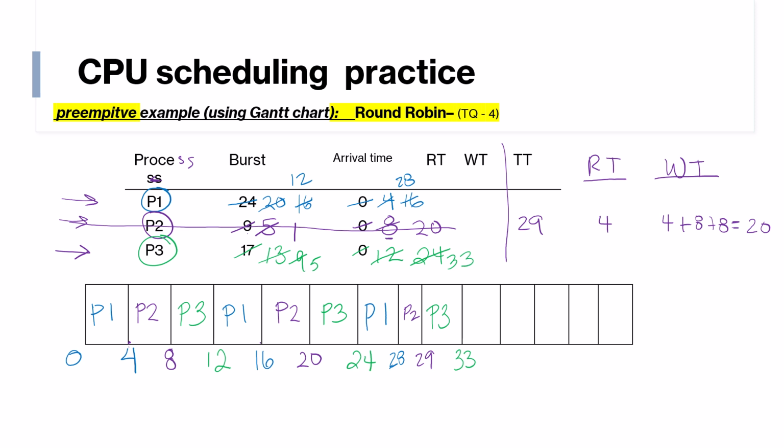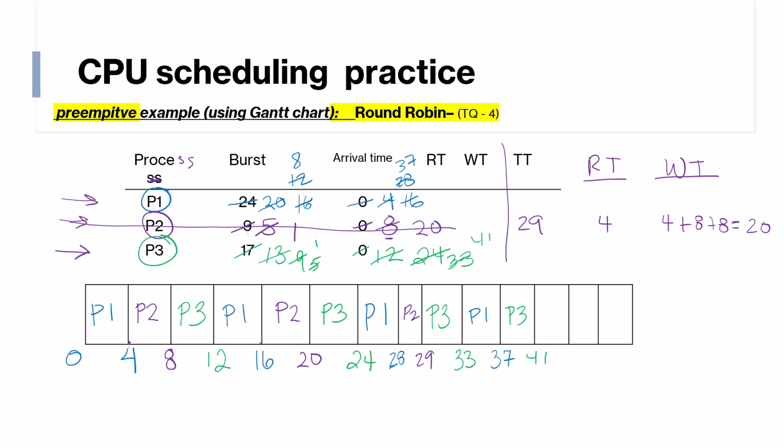Now we have P1, which is going to go until time 37. So it's going to have 8 time units left, 37. Then we have P3 until 41, has 1 time unit left, 41.